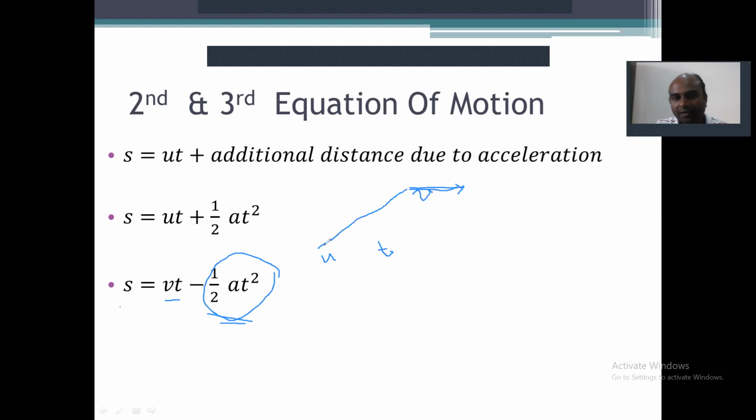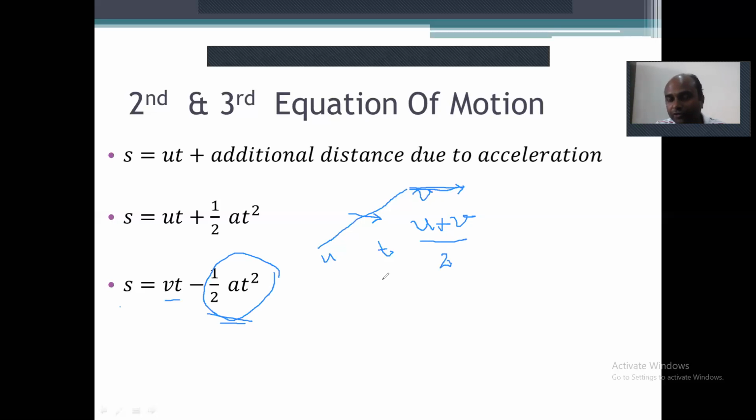because the actual average velocity lies somewhere between u and v, or rather exactly between u and v. The actual average velocity for a uniformly accelerated motion is u plus v over 2.